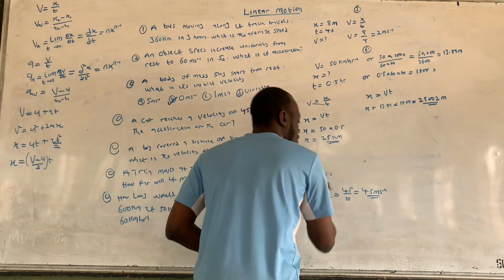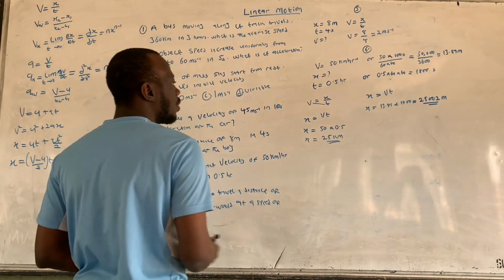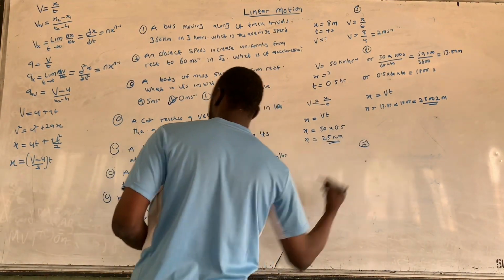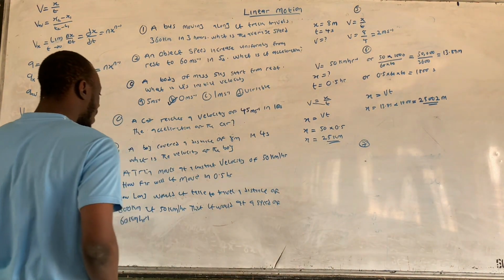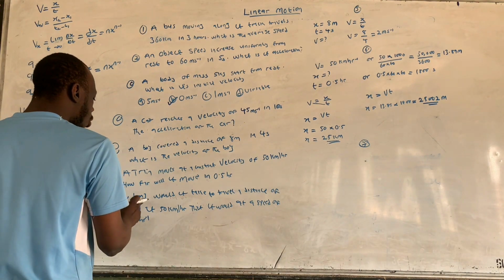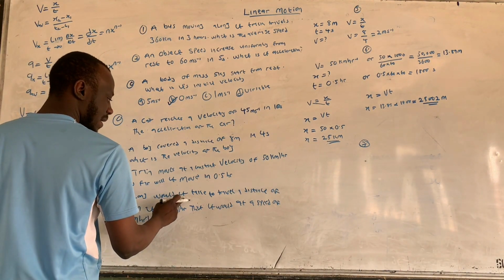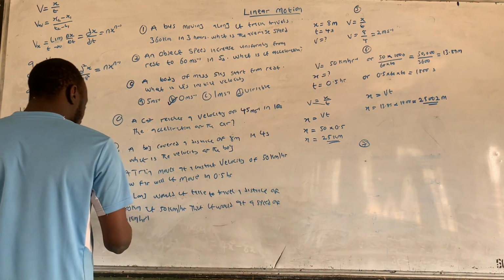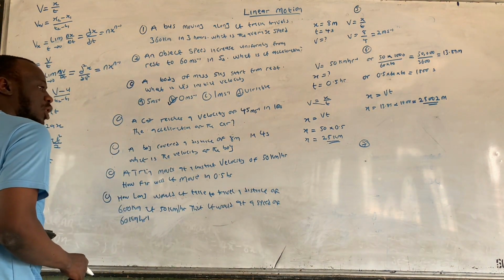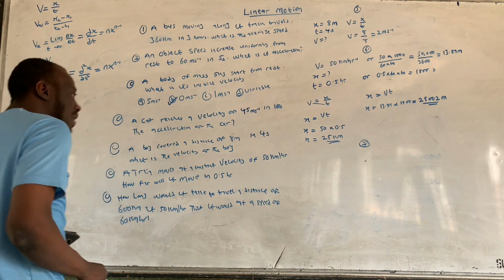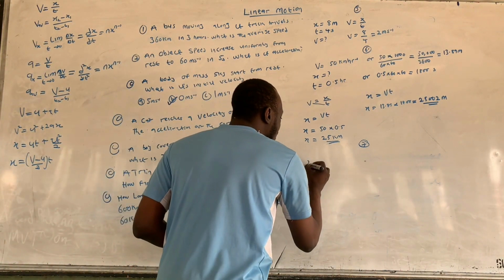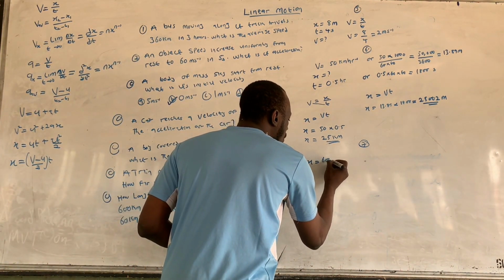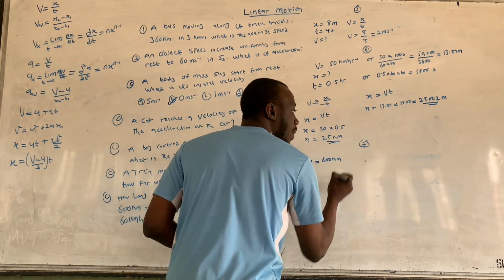So now the next question is number 7. It says, how long will it take to travel a distance of 600 kilometers? Meaning our x here is 600 kilometers.